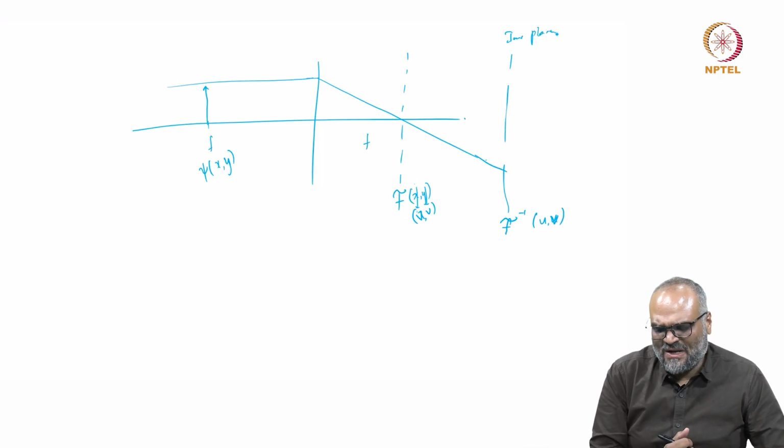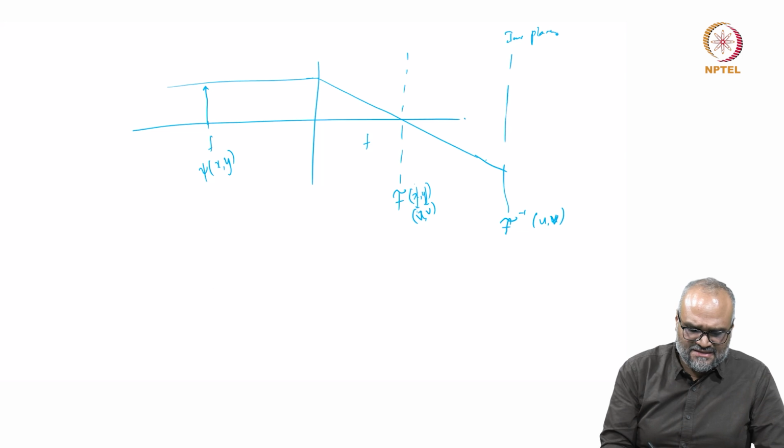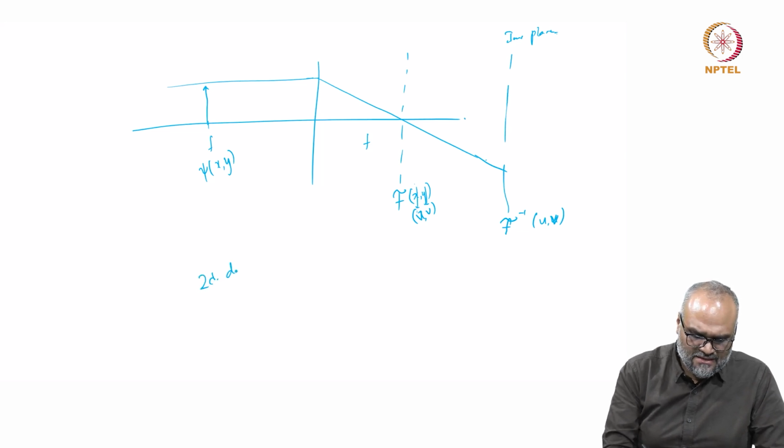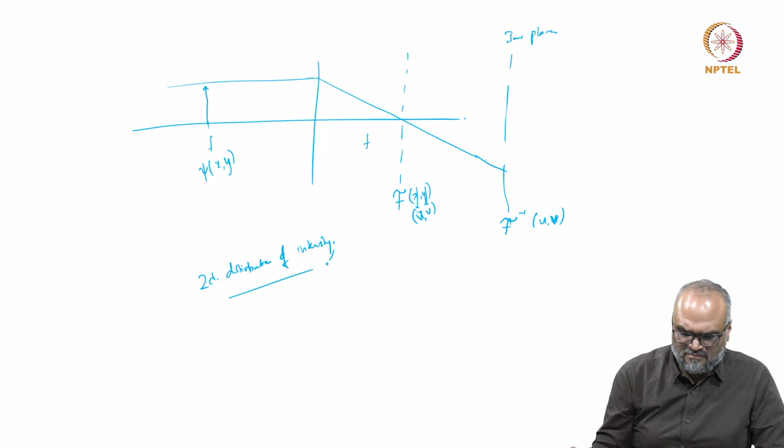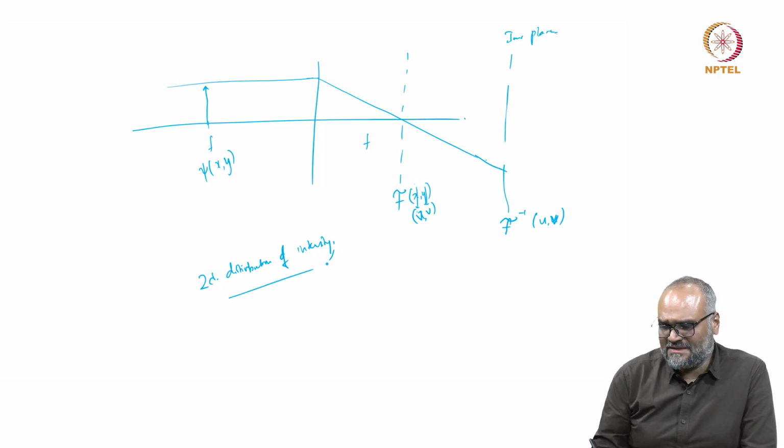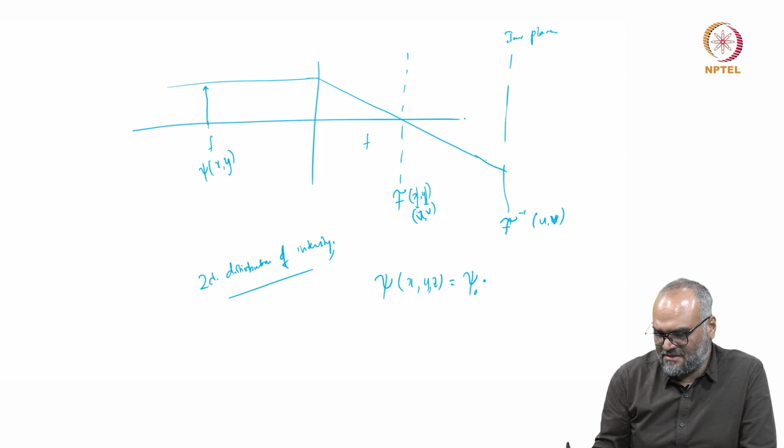And when I look at the information stored in an image, I was mentioning that you can consider an image is a two-dimensional distribution of intensity, and we know that for the electron beams that are used in an electron microscope, you can always represent them as psi of x, y, z is some psi naught sine of kx.